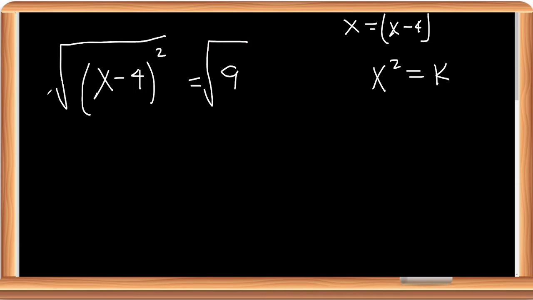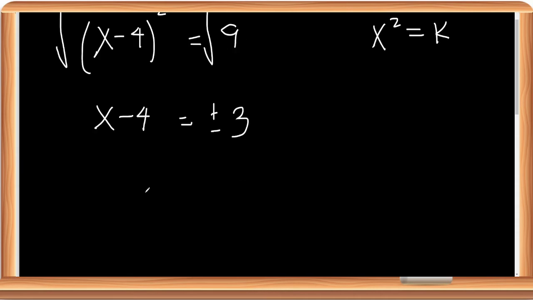So, once again, the square root of any square number, since naka-parenthesis yung naka-square, eto na mismo yung sagot, x minus 4. Okay? The square root of x minus 4 squared is equal to x minus 4. And then equal to, syempre, you have positive, negative, 3. So, ano yung solution ng x dito? X is equal to positive, negative 3.